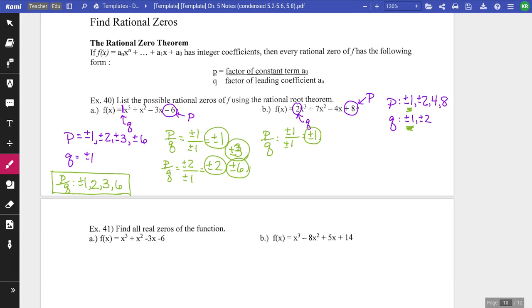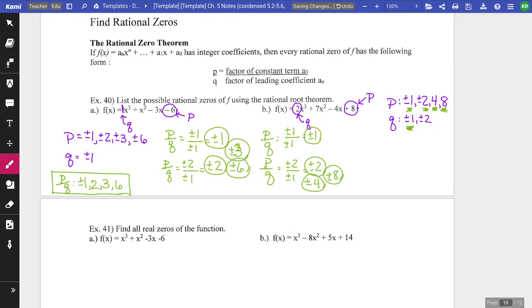Now I'm going to take the next P, plus and minus 2, and divide it by plus and minus 1, and we get 2. I think you're catching on to the pattern. Then we would do 4 divided by 1, which gives us plus and minus 4, and then 8 divided by 1, plus and minus 8.